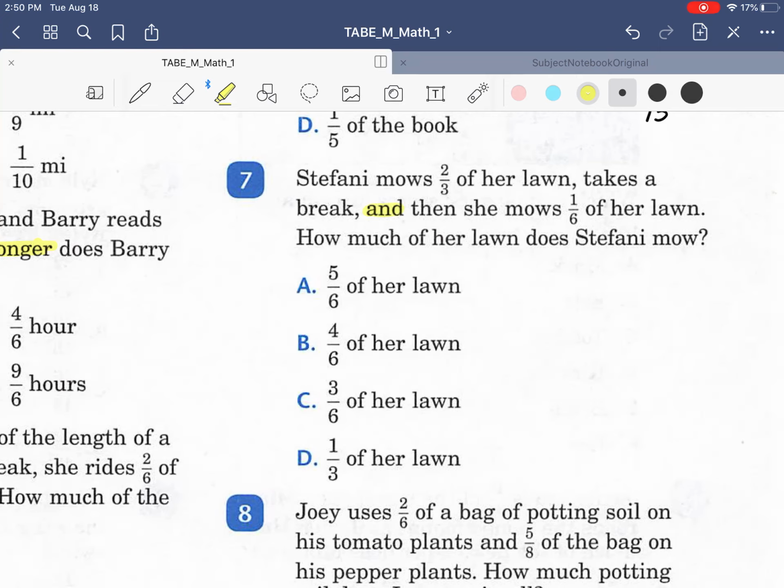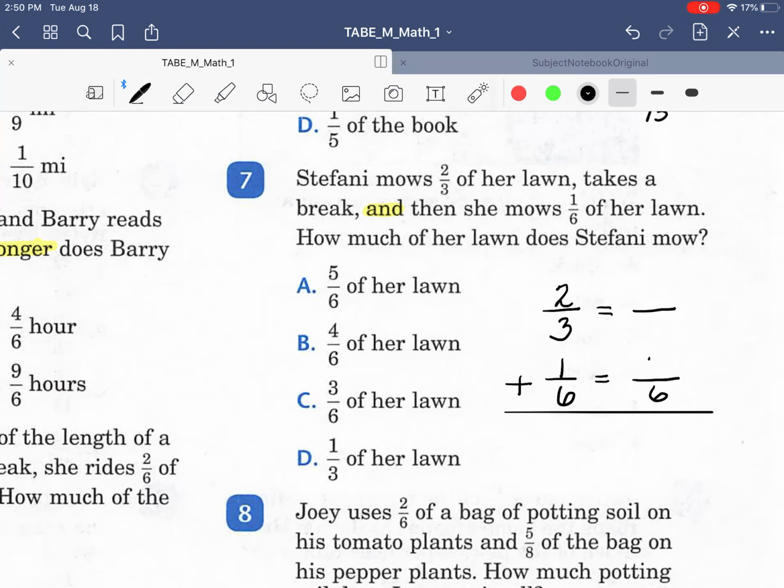Stephanie mows 2/3 of her lawn, takes a break, and then mows 1/6 of her lawn. How much of her lawn does Stephanie mow? So she did 2/3 and 1/6. Ask yourself if the 6 will work, and it will.